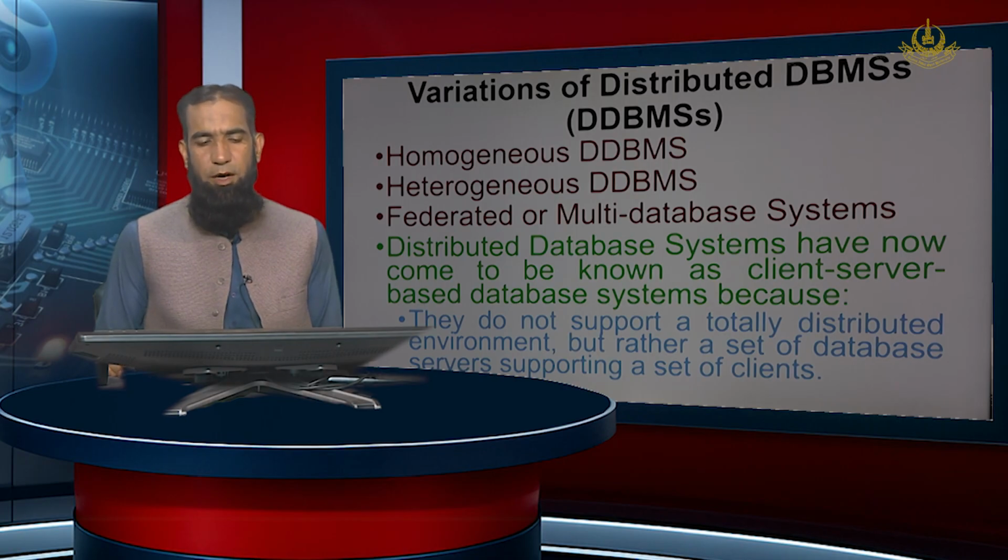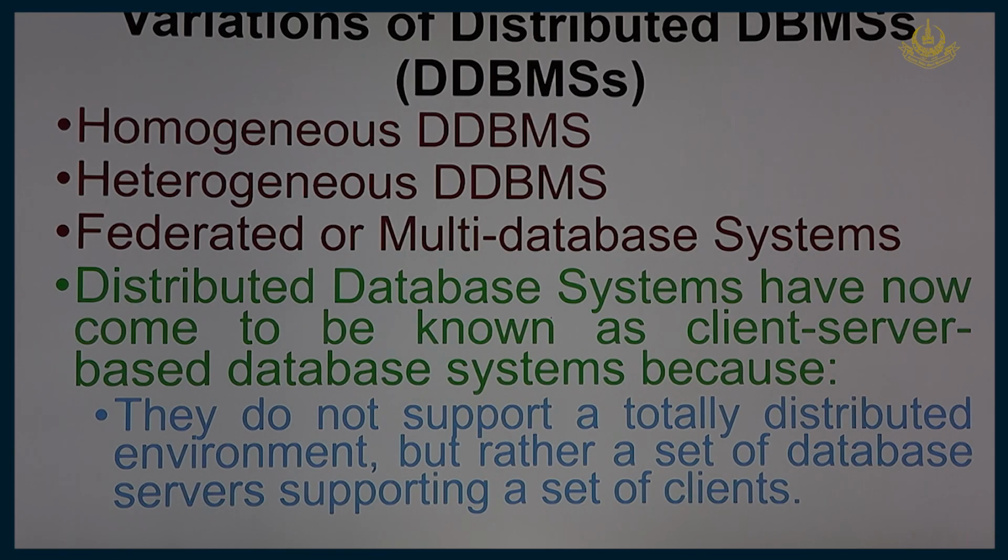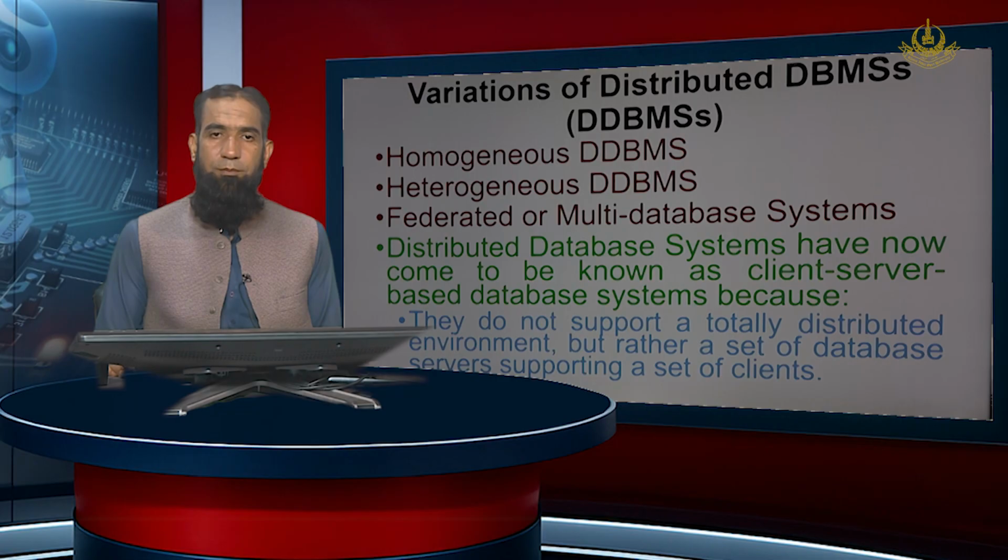Then another form of distributed databases are federated databases or multi-database systems. Federated databases are basically different databases with different schemas, even with different records. They are combined for users at one place. For example, when we are using a website for shopping, that's basically a federated database.